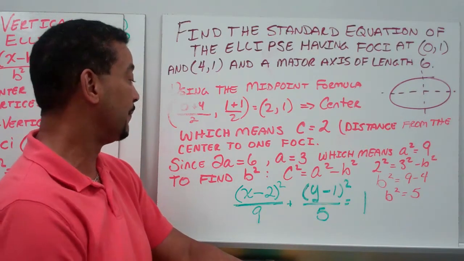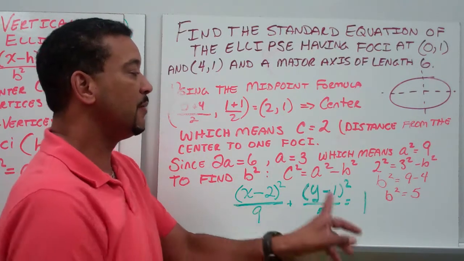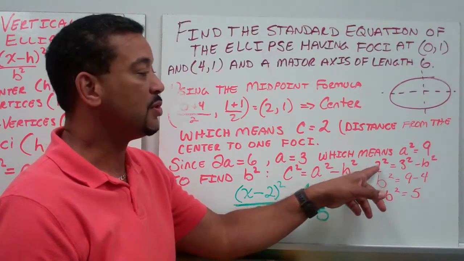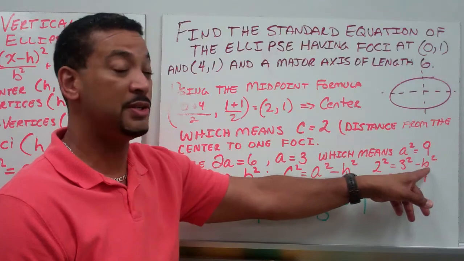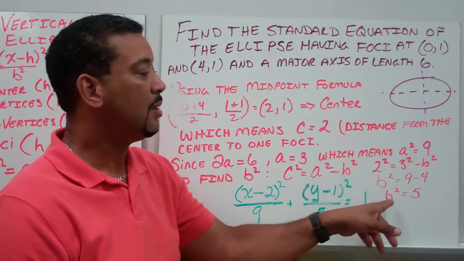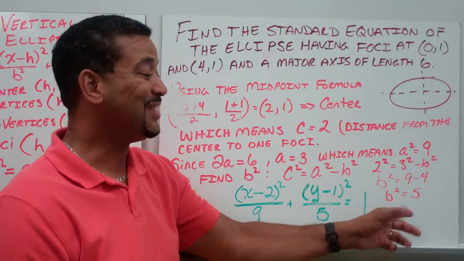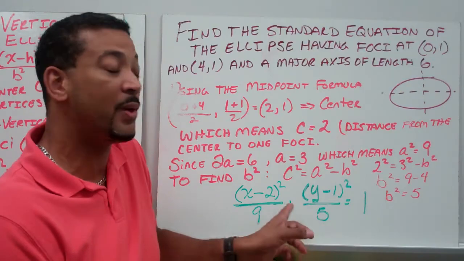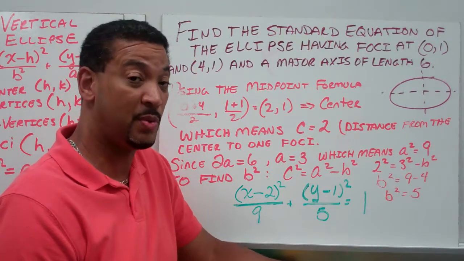To find b squared, we use c squared equals a squared minus b squared, which gives us 2 squared equals 3 squared minus b squared, or b squared equals 9 minus 4, so b squared is 5. You don't have to find b here, because all we need for the equation is b squared.